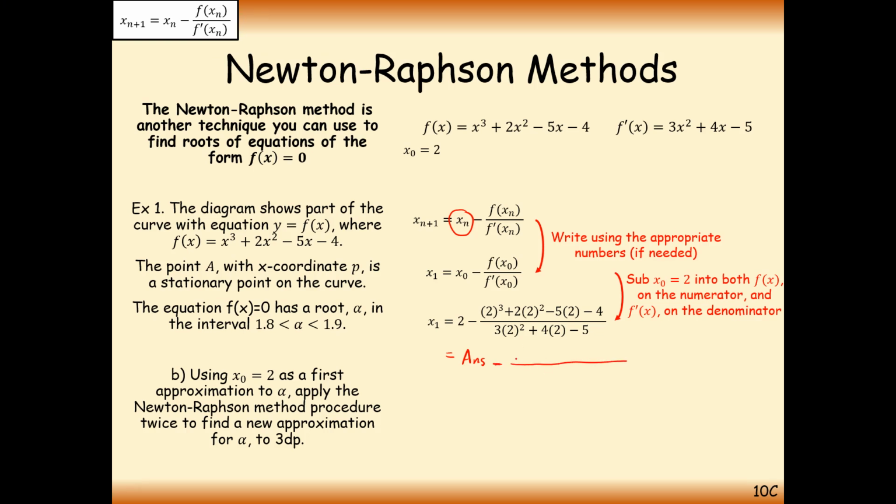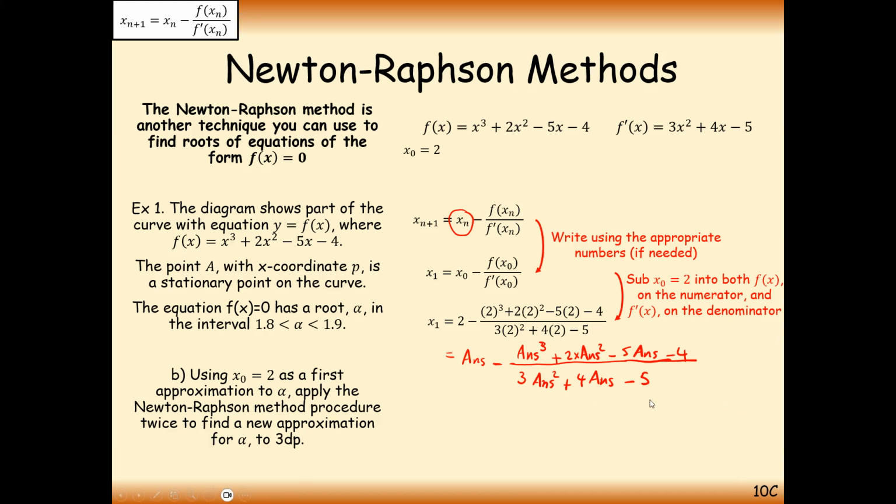On top of the fraction, you'll have to press answer cubed plus 2 times answer squared minus 2 times answer minus 4, and in the denominator you're repeating that but with the derivative function. So you are writing 3 times answer squared plus 4 times answer, without the square, minus 5.